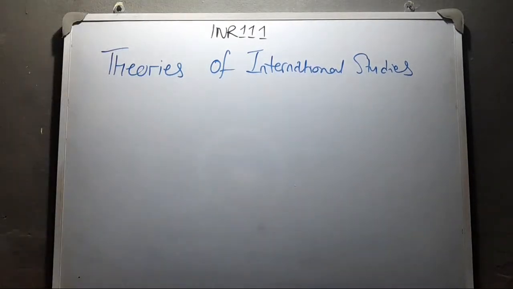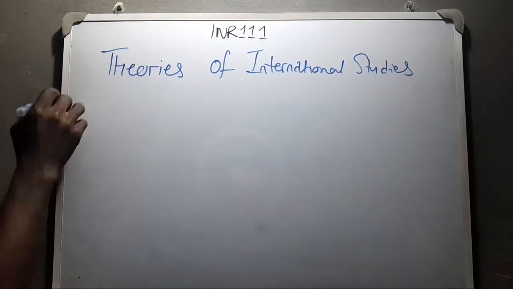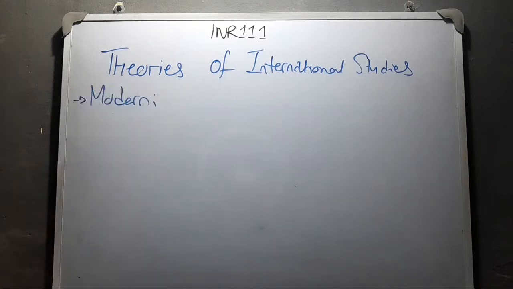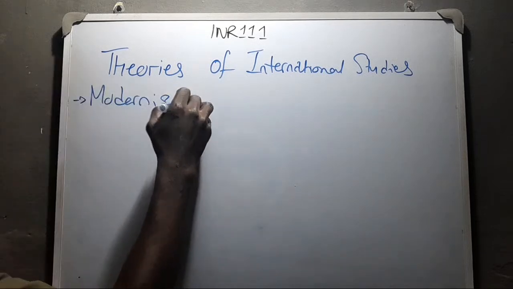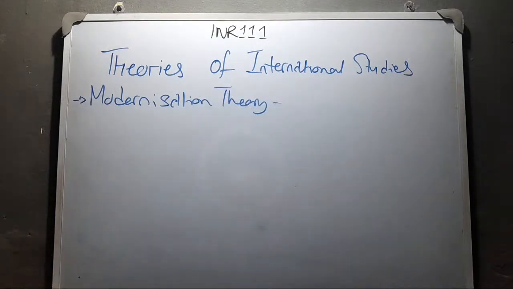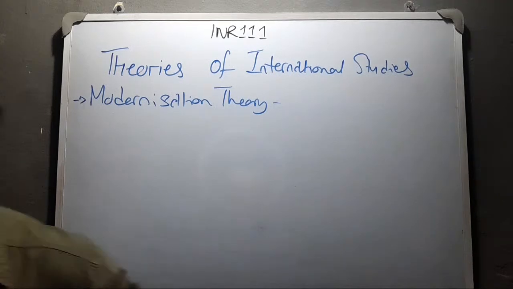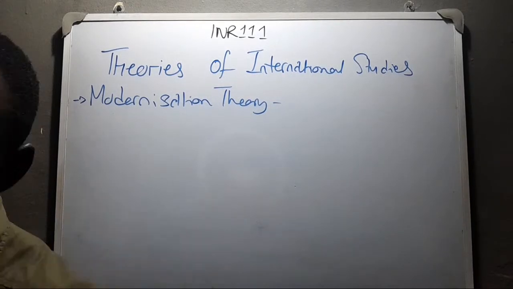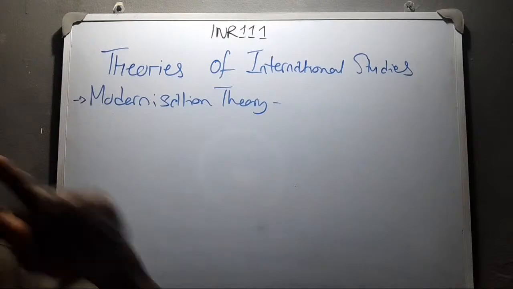Now let's talk about the modernization theory. This theory argues that the third world's participation in the world economy, through channels of foreign trade, investment and loans, would transform developing societies as in Europe and America.